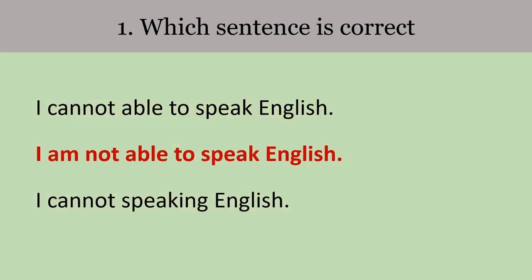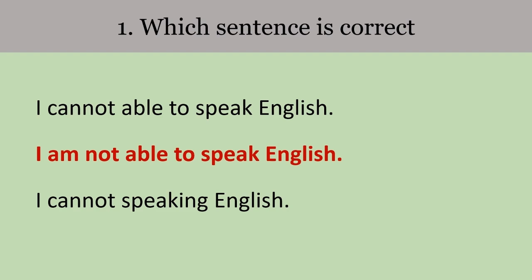Of the 3, the correct sentence is, I am not able to speak English. I cannot able to speak English is wrong because cannot and able mean the same. You are repeating yourself. You can say, I cannot speak English, or you can say, I am not able to speak English. You cannot say, I not able to speak, or I cannot able to speak.